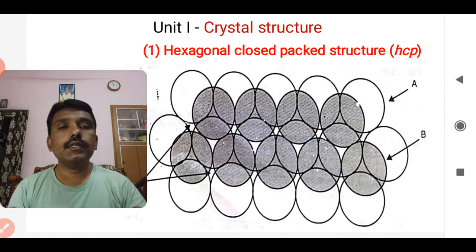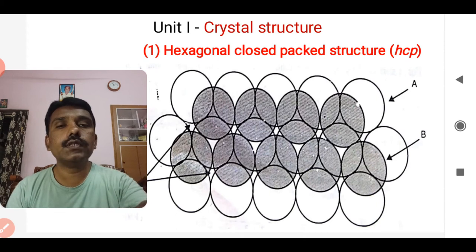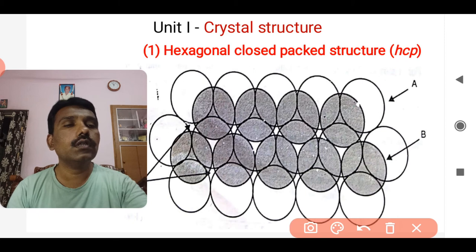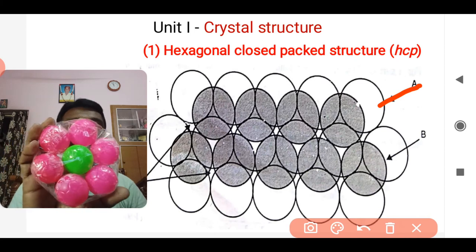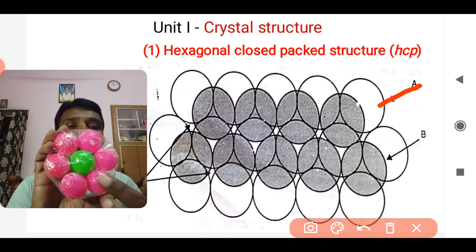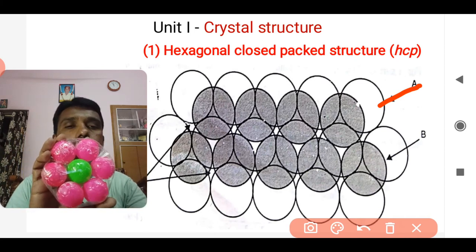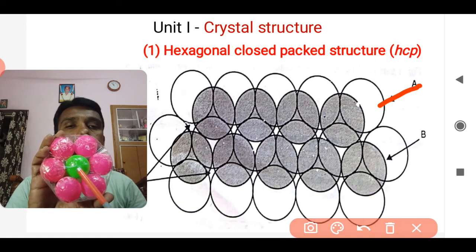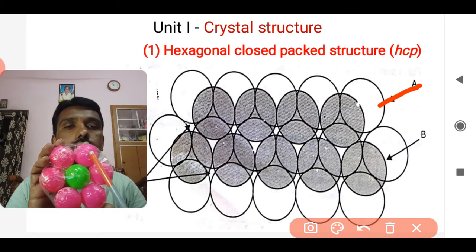If you look at this diagram, the first layer shown here is the A layer, where there is a center atom surrounded by six atoms.